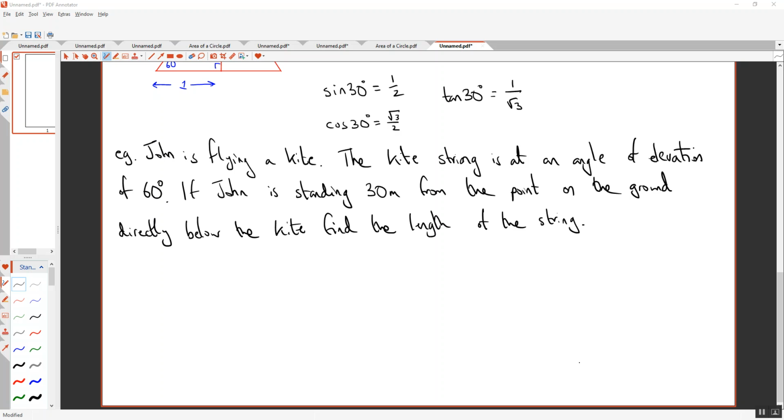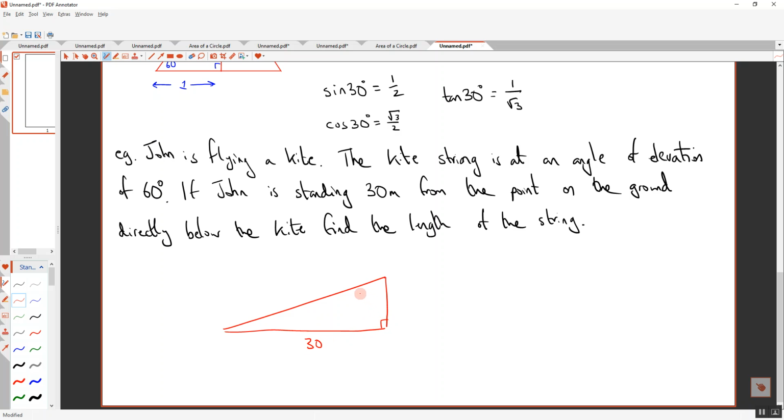To go about answering this, what's the very first thing that you should do? Yeah, draw out a little diagram, draw a little sketch, okay? So we've got, imagine there is the kite string. We're told that it's a distance of 30. We're told it's an angle of elevation.